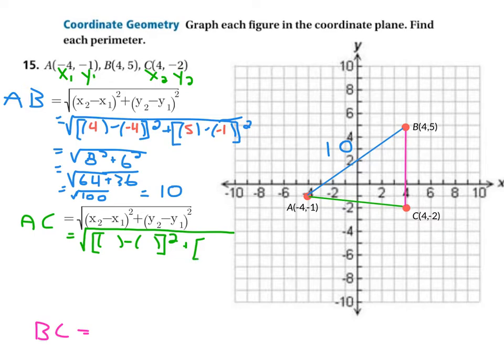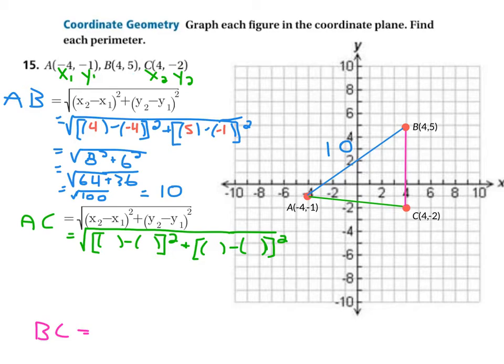Is this more work than you need to do? Nope, it's exactly as much work as you need to do. So if you're someone who says, oh, but Mr. Massey, it's so much work, well, it's as much work as it needs to be in order to get it right.